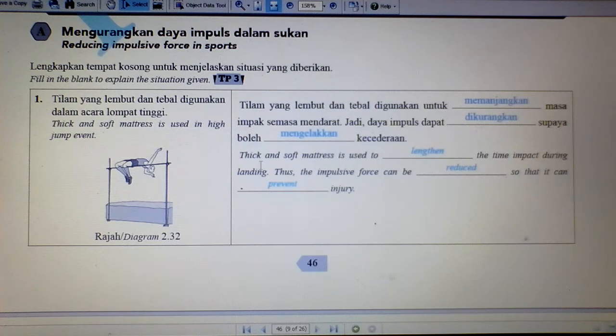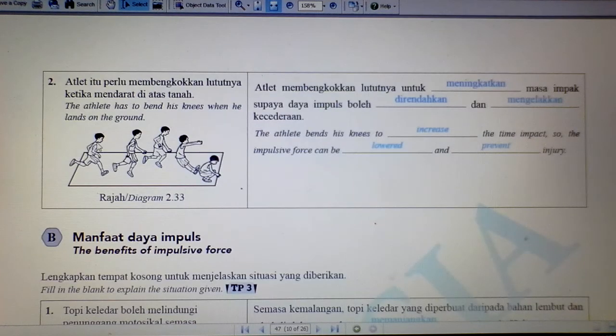Again, the relationship between impulsive force and time of impact is inversely proportional, meaning when time of impact is longer, impulsive force is smaller or can be reduced in this case. Okay, next. Number 2.